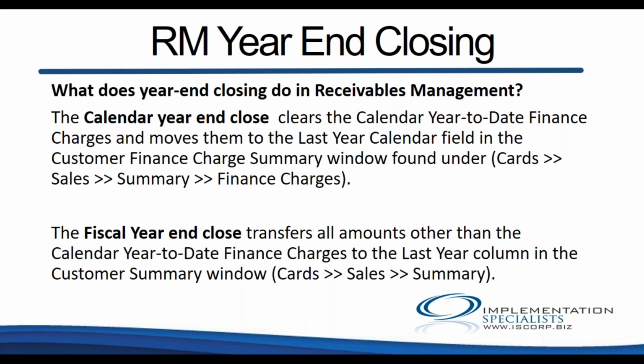This is the big reason why you want to make sure you post all of 2018 but not post 2019, as this year-end procedure is not date specific. GP will throw everything into the year-to-date summary, whether it's calendar year, fiscal year 2018, 2019, 2020. So when you run the year-end, it just moves all of that over and basically zeroes out your year-to-date.